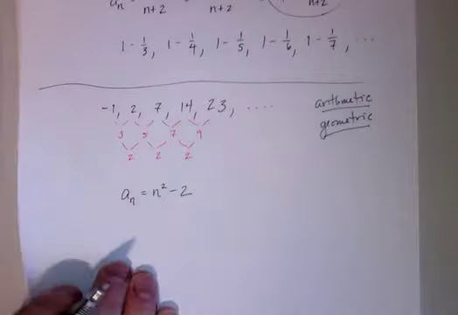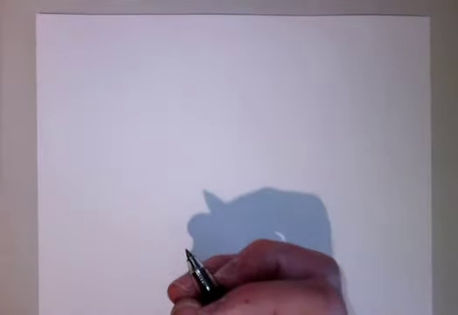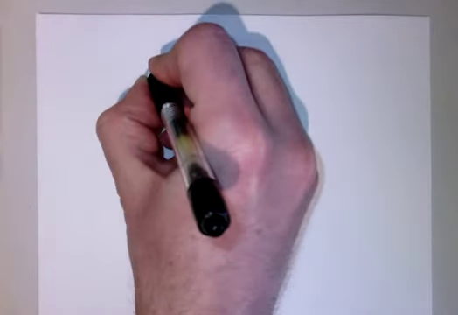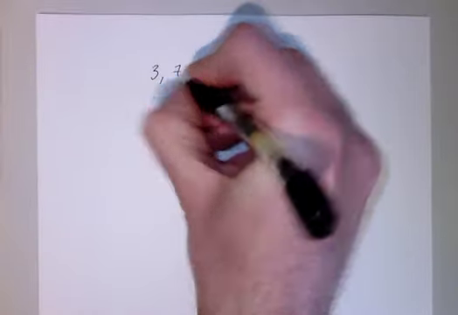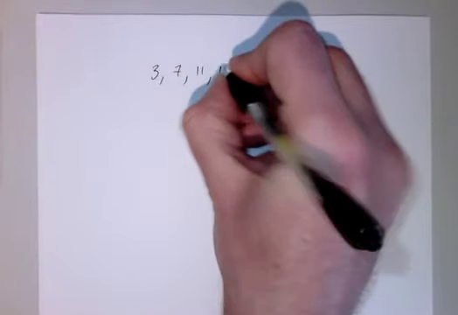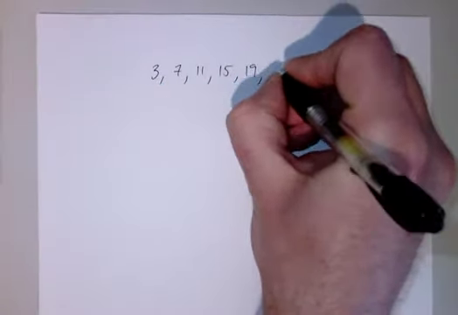All right, let's go ahead and talk about the difference between explicit and recursive, because that's something that we don't run into all that often, but it is actually incredibly important to know. Now, let's say that we have 3, 7, 11, 15, 19, 23.